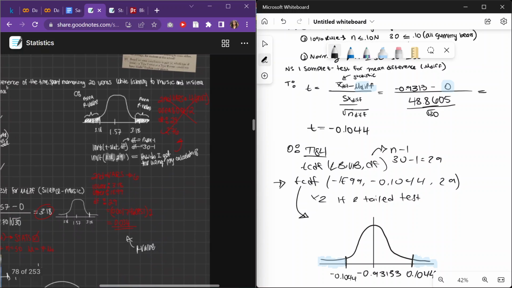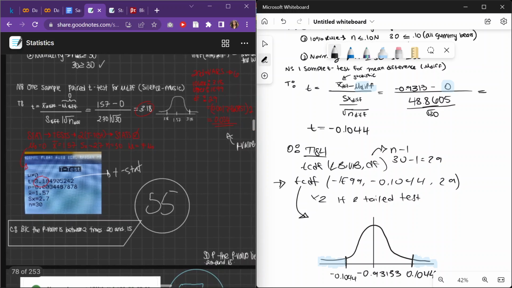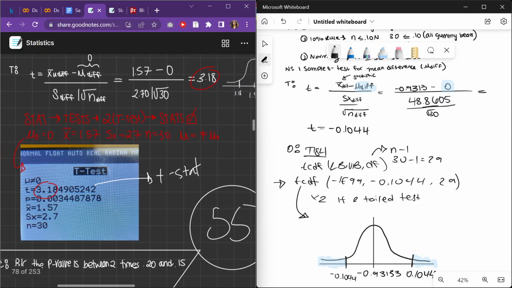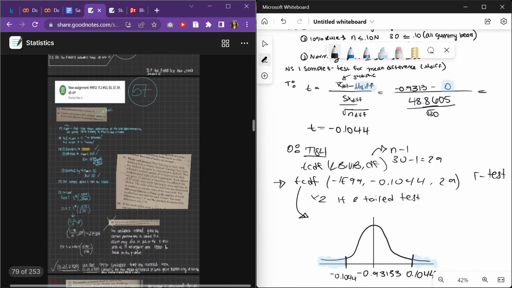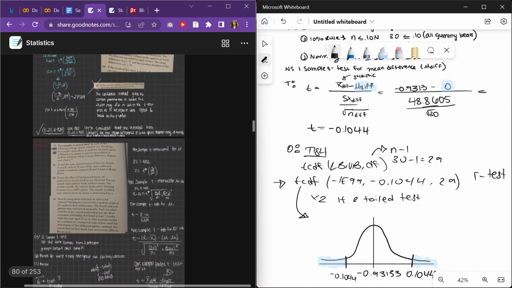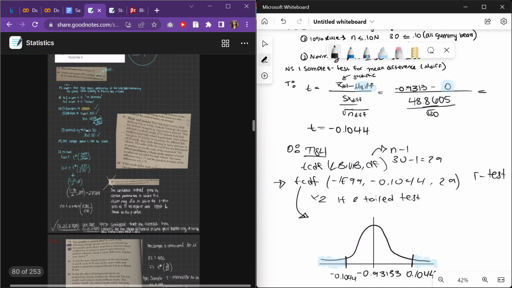Because I'm trying to see, oh, but that's a t-test instead of a t-CDF. Well, yeah, there's two different ways. You could do a t-test or a t-CDF. I'm just trying to figure out. Let's see.